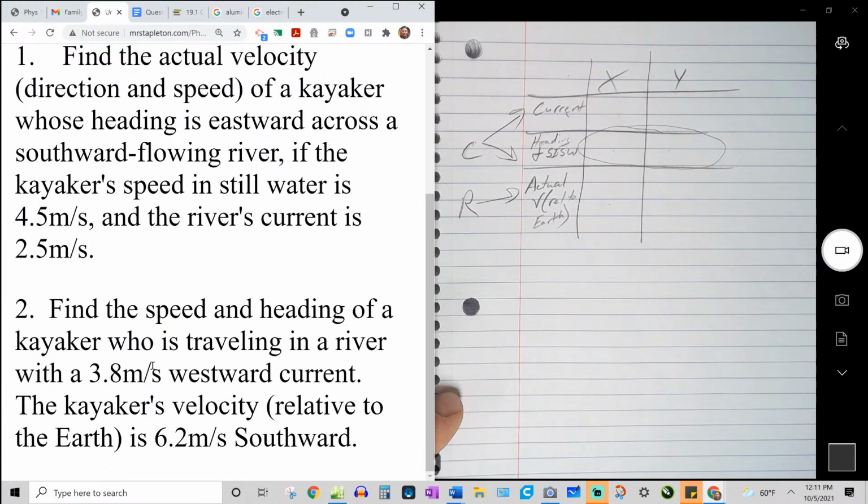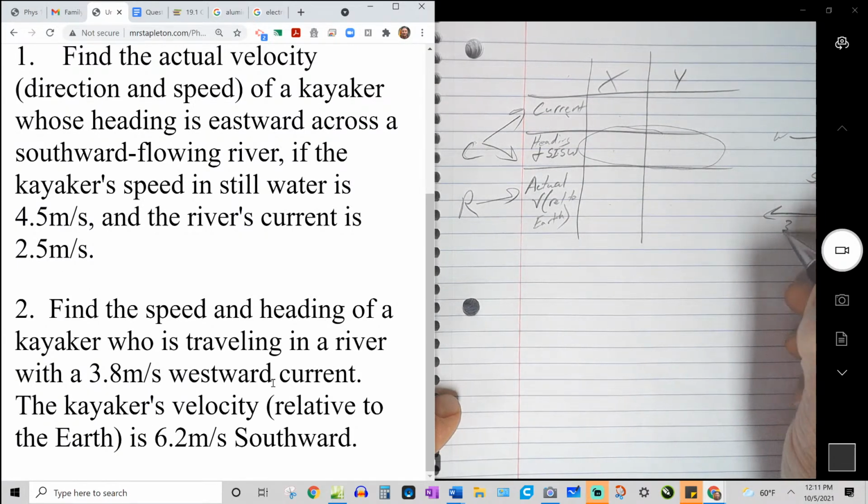The river has a 3.8 meter per second westward current. So it would look like this. This is my map. The current is 3.8 meters per second to the west. So that has a negative 3.8 x component, but no y.